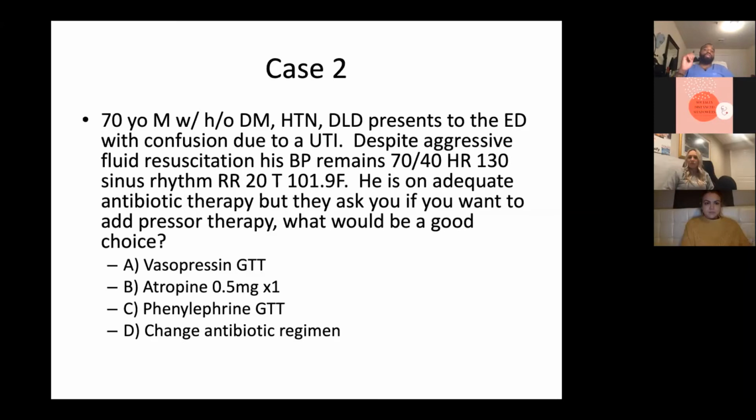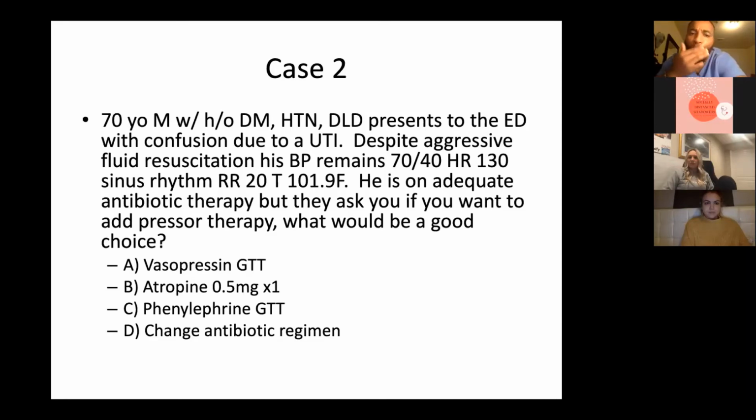The patient is in sinus rhythm. Once I finish reading this question, I will break down why it's important to note some of the stuff that's mentioned here. Respiration rate is 20. Temperature is 101.9. He's on adequate antibiotic therapy, but they ask if you want to add pressor therapy. What would be a good choice?